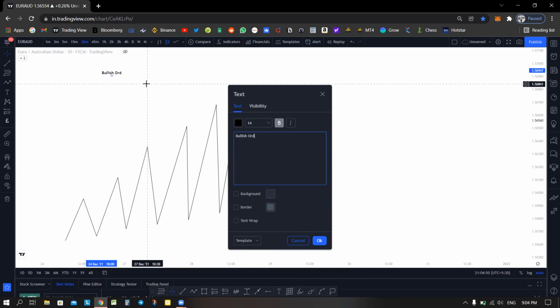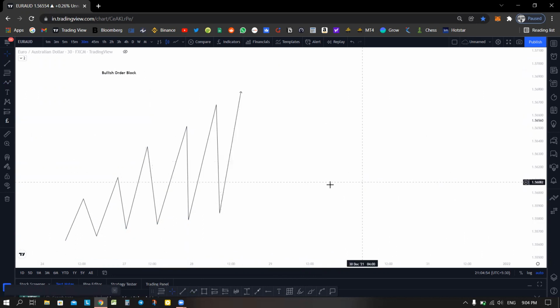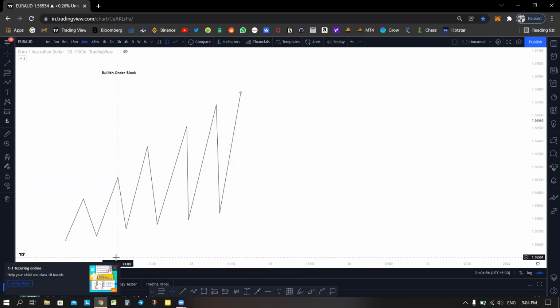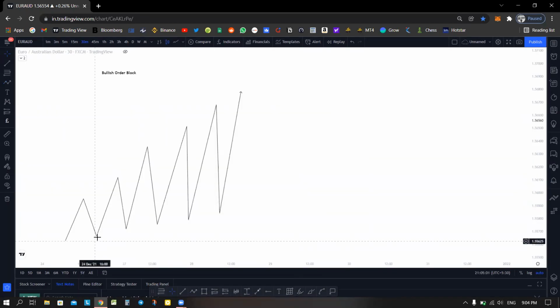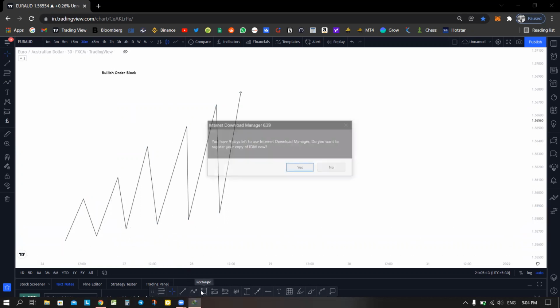In an uptrend, the last block which is responsible for the up move will be the bullish order block.